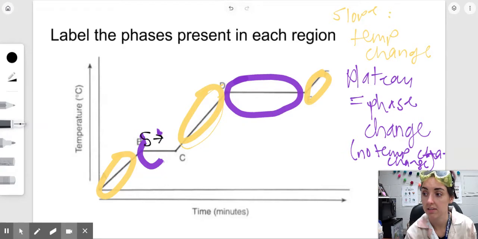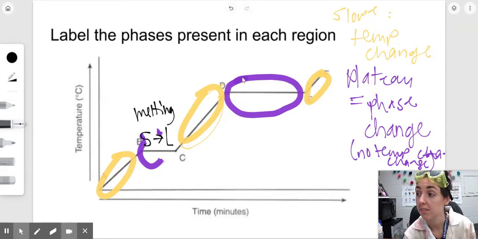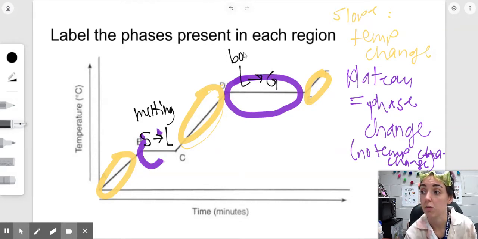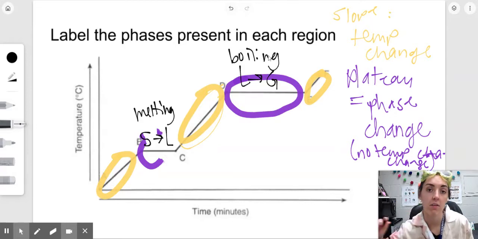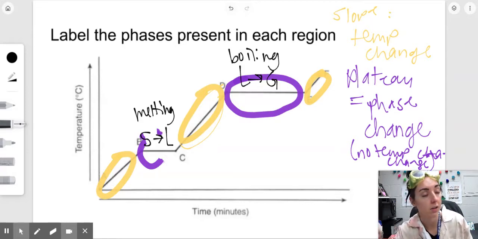So that's solid to liquid. And of course, that is called melting. So solid to liquid is melting, which means that my next one up here would be liquid to gas. And that is, of course, boiling. So these are my only two phase changes. I have solid to liquid, liquid to gas. There is never going to be another plateau anywhere else.